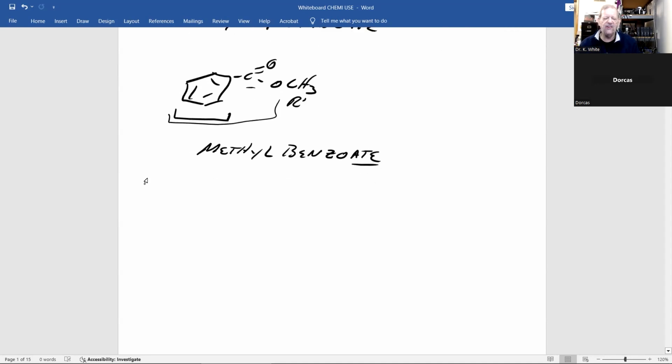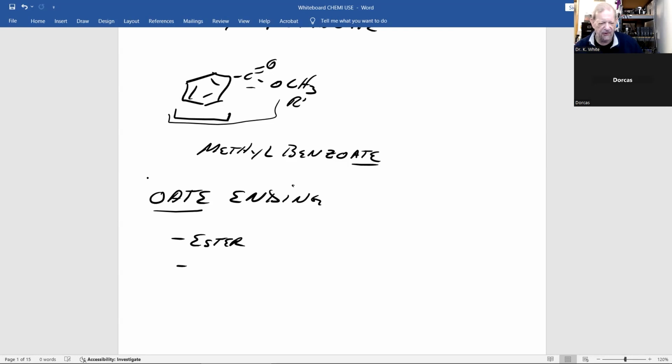And when you have an OATE ending, it can be either an ester, or I'm going to go through right now, a carboxylate anion. And an ester, the name starts with an alkyl group.